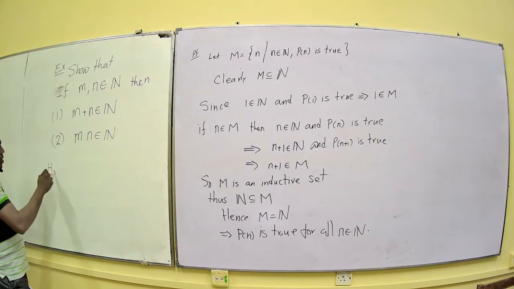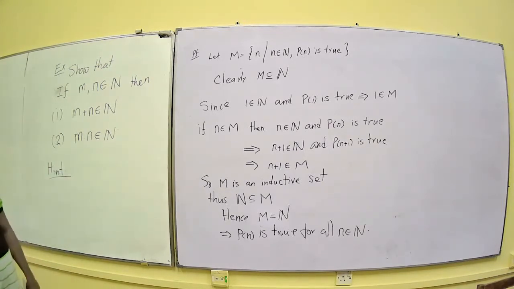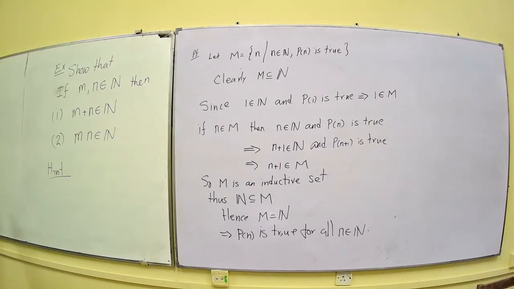These are the two exercises. If m and n are natural numbers, then m plus n is a natural number, and also m times n is a natural number. For this proof, I give you a hint.